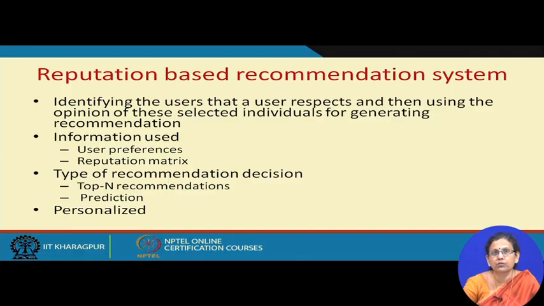So, this book reviews you can think of as kind of reputation based recommendation that can come out of the reviews of the experts. Then this can give top n recommendations, or it can give predictions, and it is personalized, again personalized in nature.